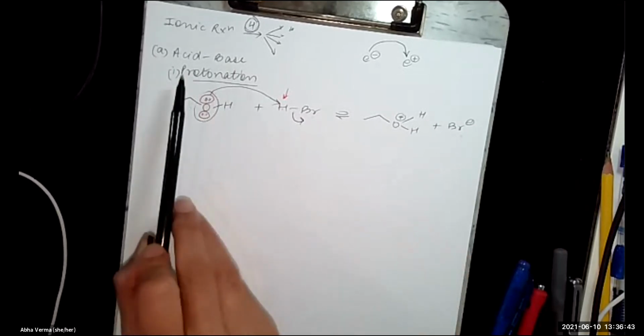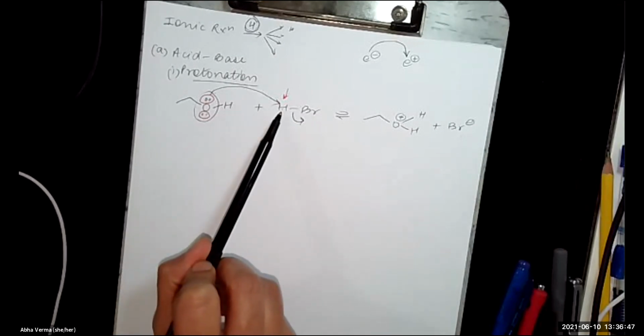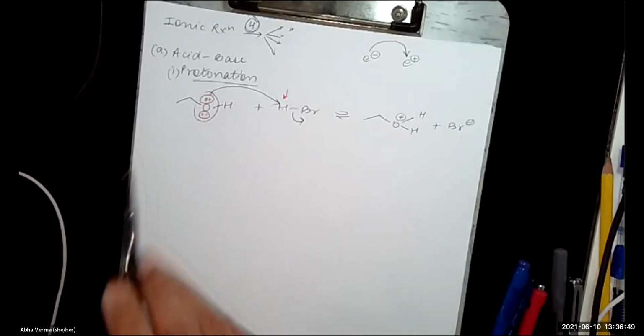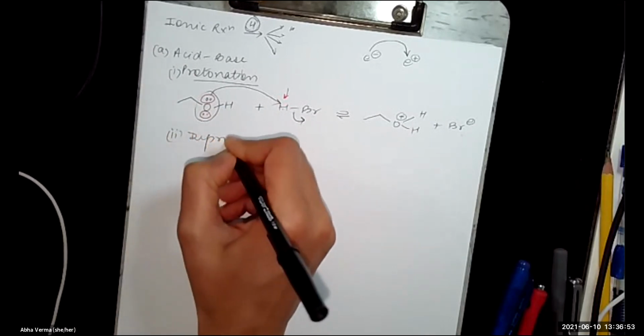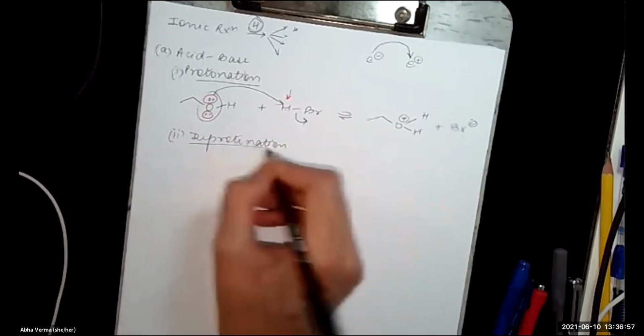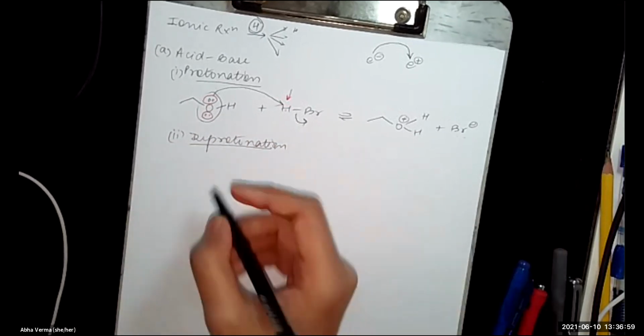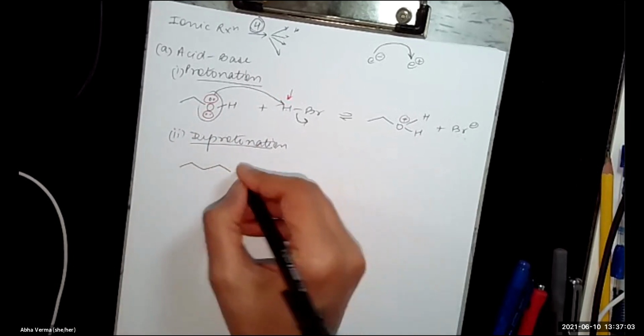So in acid-base reactions, you have a protonation where a proton is abstracted or kidnapped, and a deprotonation step also. A deprotonation will occur when the hydrogen is removed. Most of the times we will see this.